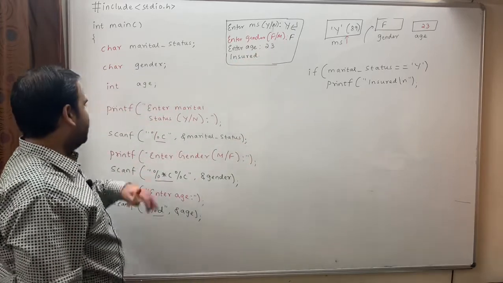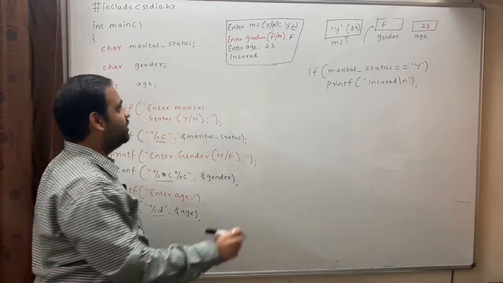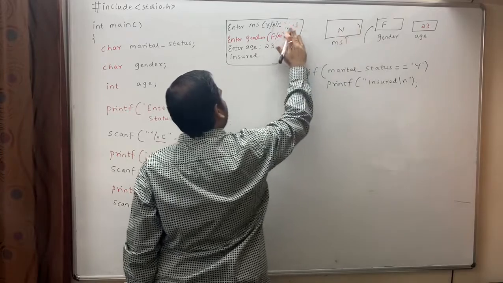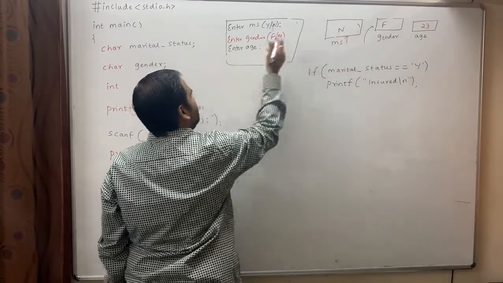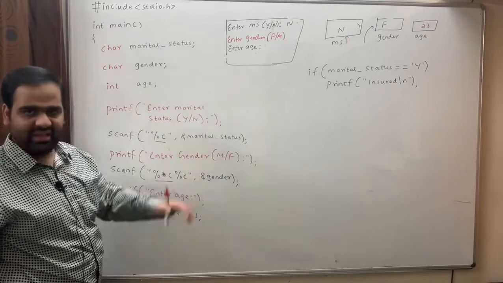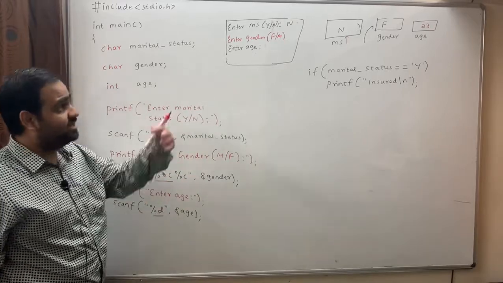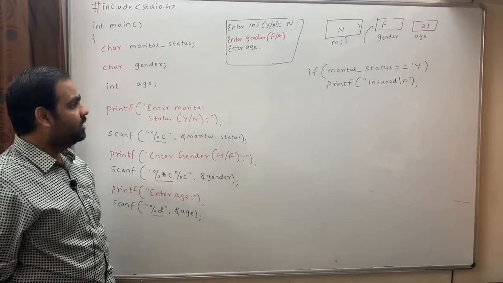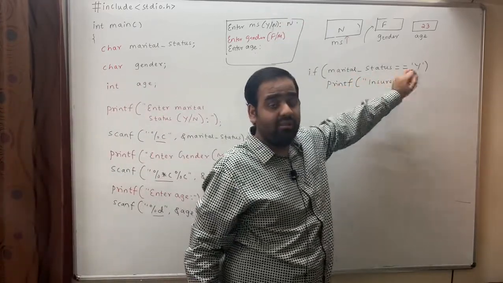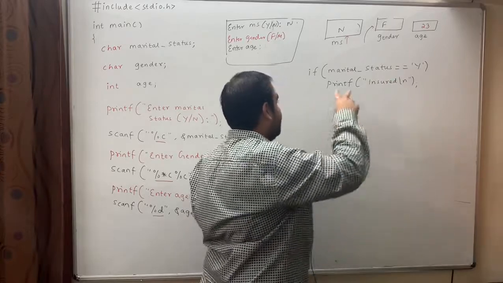Okay, now let's see the next condition. Enter marital status, let me say N for no. Enter gender, let me say F. Enter age, let me say 23. Now what is marital status? N. Is N equal to Y?